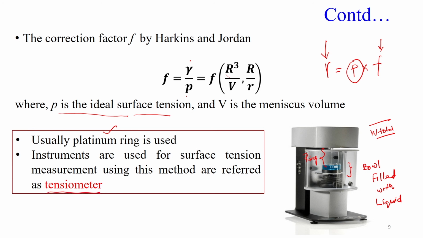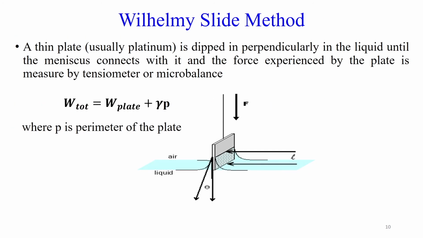So, the instrument which we use to measure the surface tension, we call a tensiometer. Apart from the ring method, we can also use another object which comes into contact with the liquid, like a plate. This is a liquid, and you have a plate here. That is known as the Wilhelmy slide method or Wilhelmy plate method.